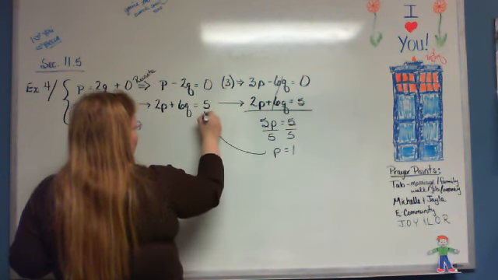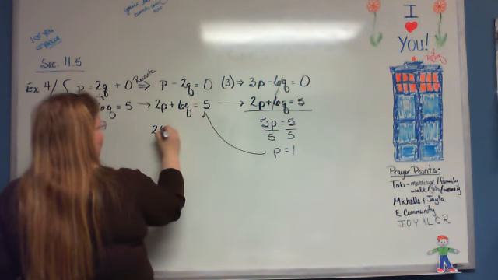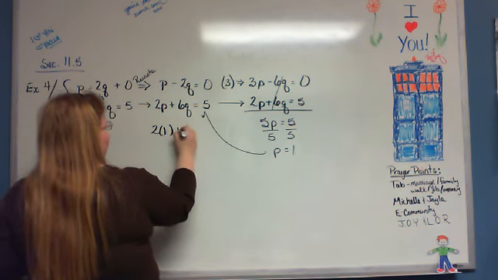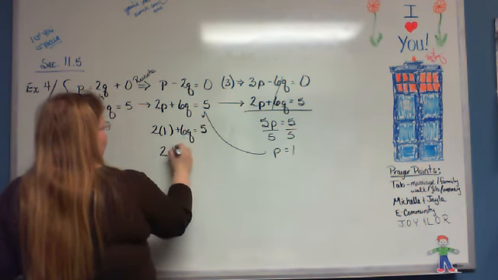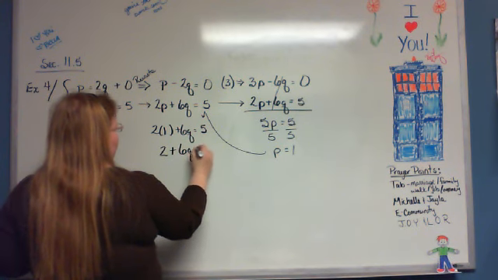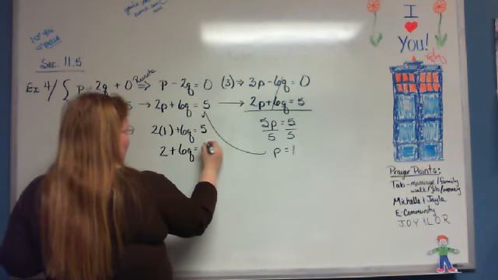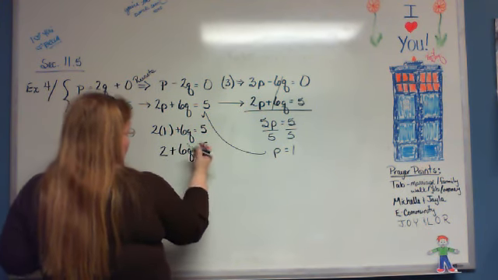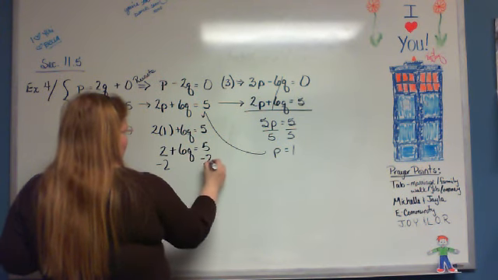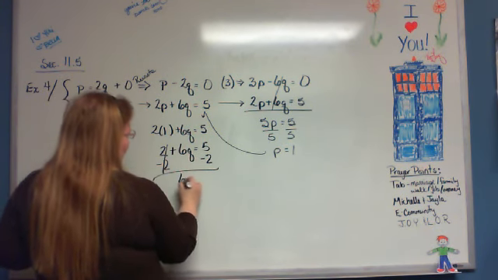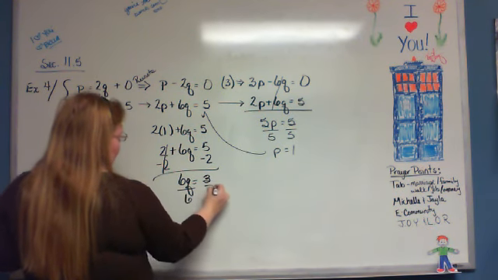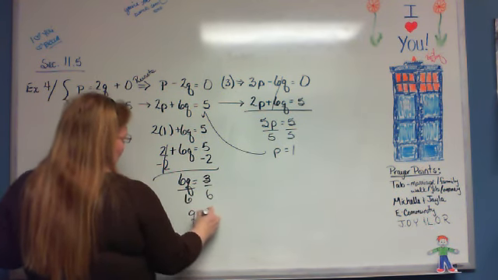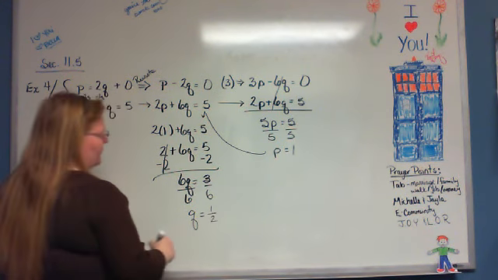Plugging it back in, doesn't matter where: 2 times 1 plus 6q equals 5. 2 plus 6q equals 5. Minus 2, minus 2. 6q is equal to 3. Q equals 1/2.